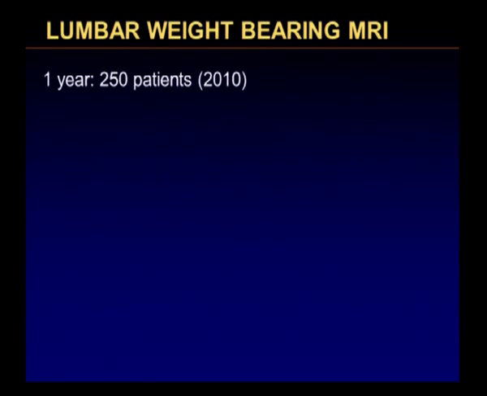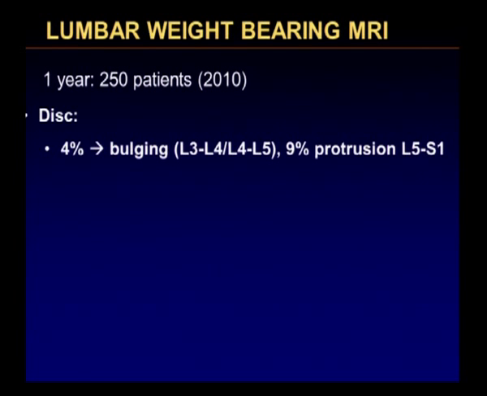This was our first results from the first year where we performed this analysis. We saw several changes concerning the disc: 4% of normal discs changed in the loading position at L3-L4 and L4-L5, and 9% changed from a normal disc to a protrusion at L5-S1.